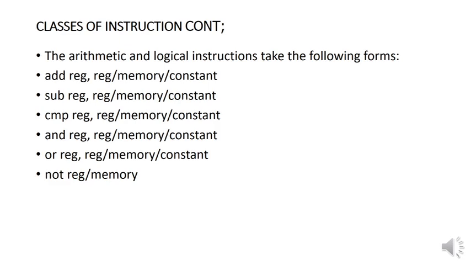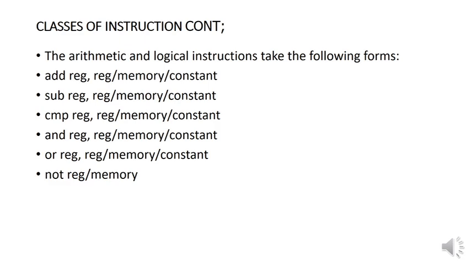The CMP instruction compares the first operand against the second and saves the result of this comparison for use with one of the conditional jump instructions described in a moment.